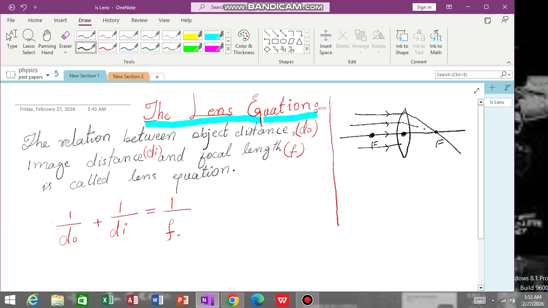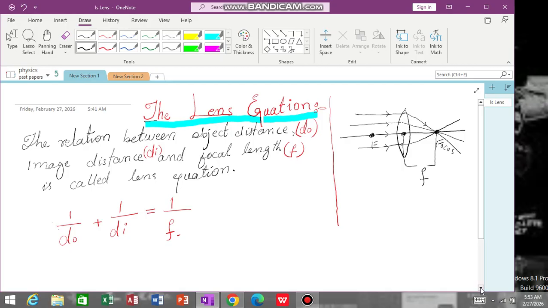They will be focused at one point. So the point where all the rays meet is called the focus. And the distance from this focus to the optical center is called the focal length. So in the relationship, the small f stands for the focal length.